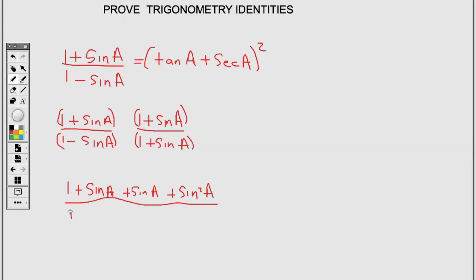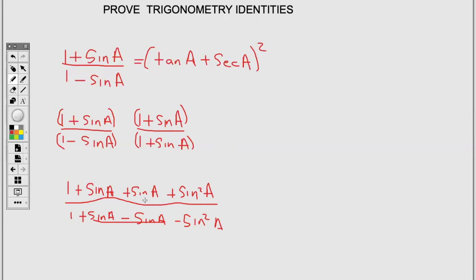So expanding, 1 times 1 is 1. 1 times sine A gives you positive sine A. Minus sine A times 1, that's minus sine A. Then minus sine A times positive sine A gives you minus sine square A. Now in the denominator, the sine A's cancel, positive minus the negative, that's 0, so that's cancelled.